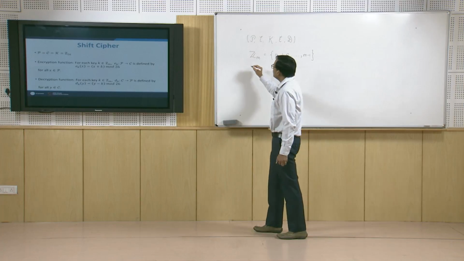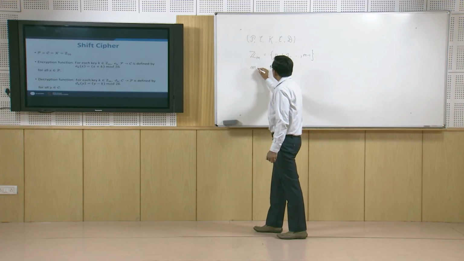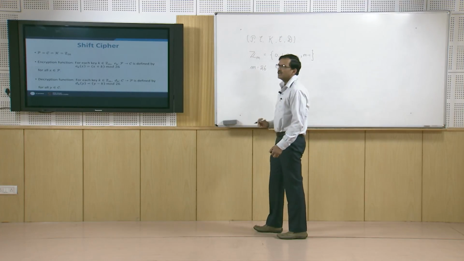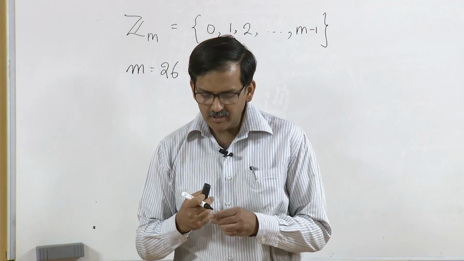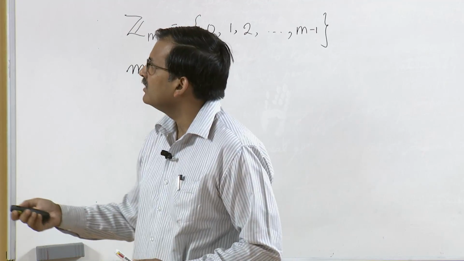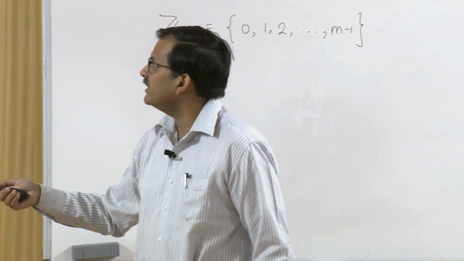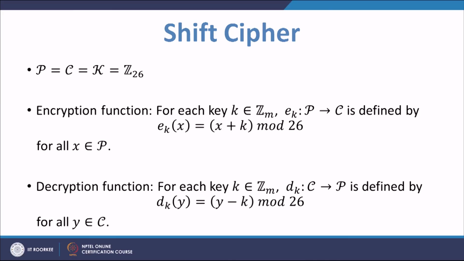In this case we are taking m equal to 26 in order to associate with the letters in the English alphabet, and that is why we are specifying P, C, K as Z mod 26. Here please read this m as 26.